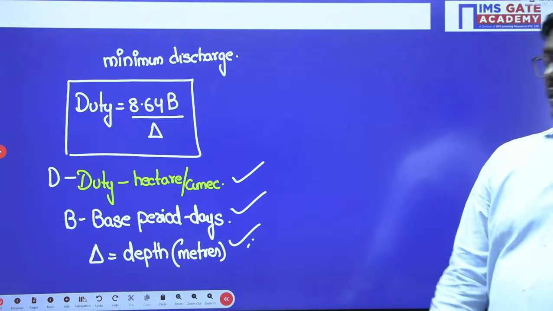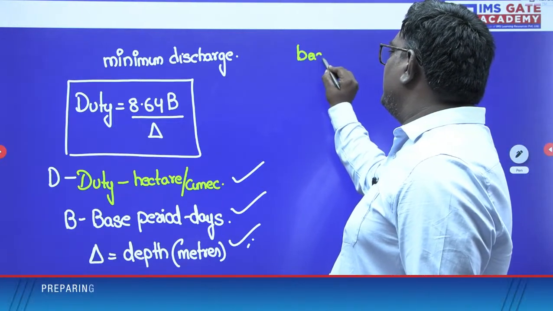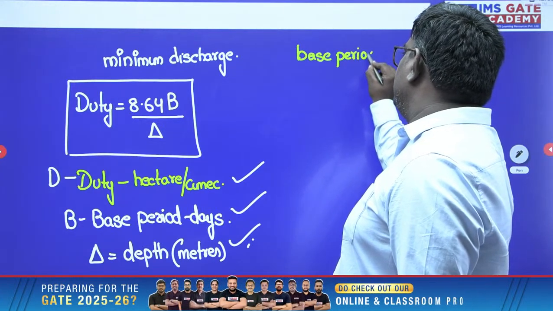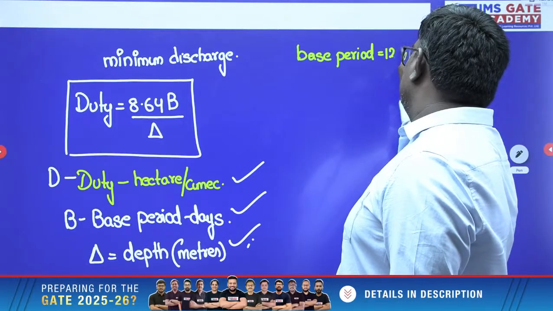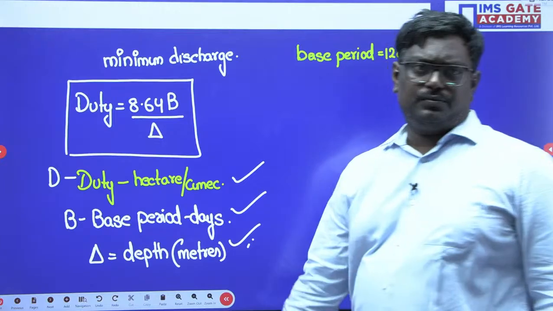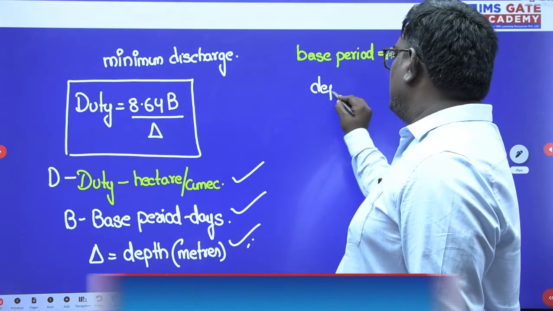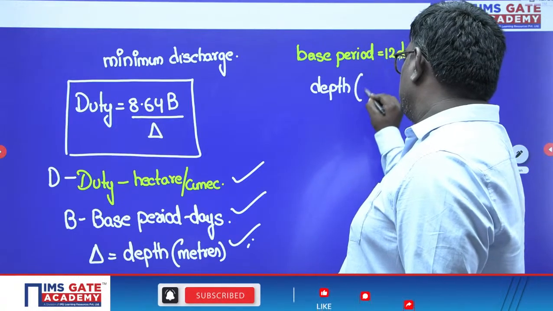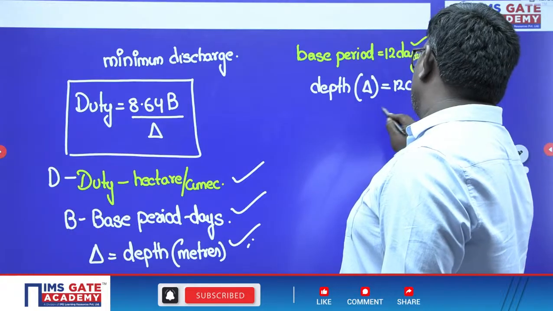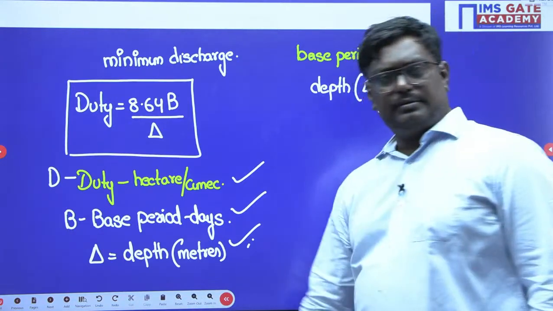Now, see, students, in the first case, the base period is given as how much? Not 12 days, sir, the first 30 days, sorry. 30 days. But they have given depth, that is delta, as 12 centimeter. This should be converted into meters, so 0.12 meter.